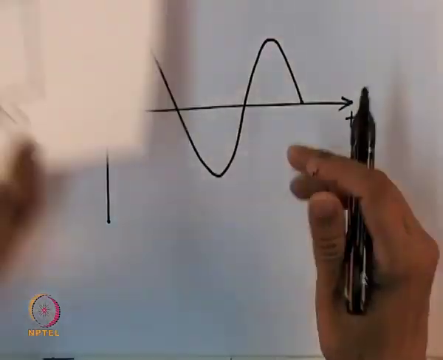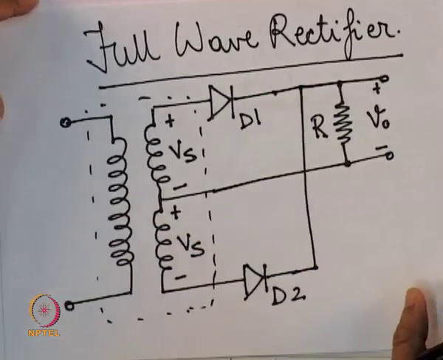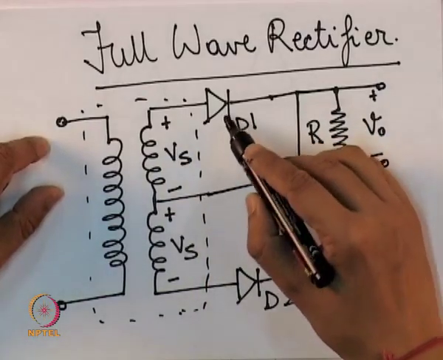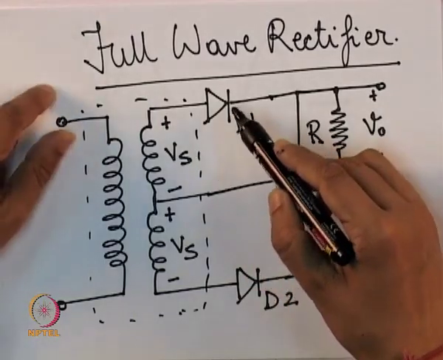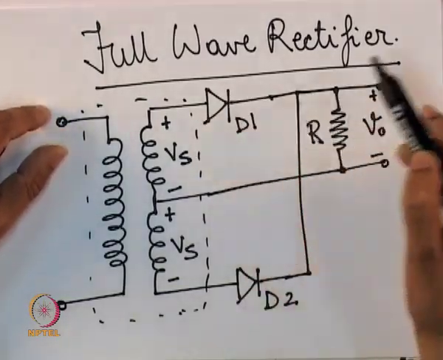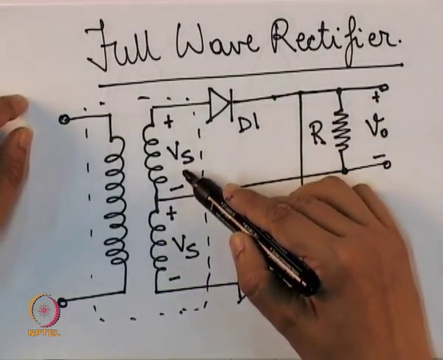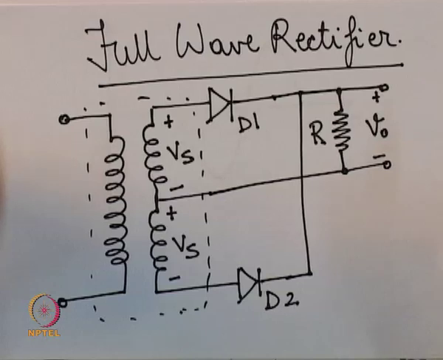So, when this voltage Vs is positive, or we are in the positive half cycle of Vs, this diode D1 will be forward biased, and when Vs is above the threshold voltage of D1, this will start conducting.